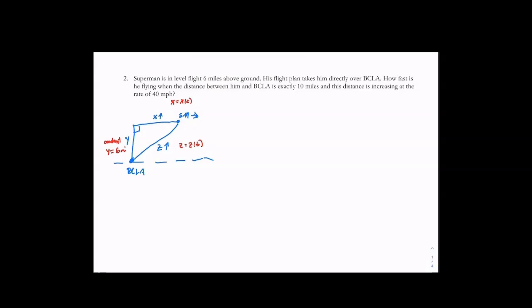Perfect. So the trickiest part here in this problem says when the distance between him and BCLA is increasing at a rate of 40 miles per hour. So I'm not going to write it down here, but what are they telling me? It's a rate because it's miles per hour. So what are they telling me? What rate or what variable are they telling me?